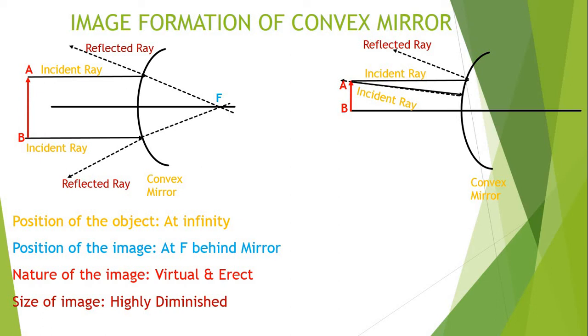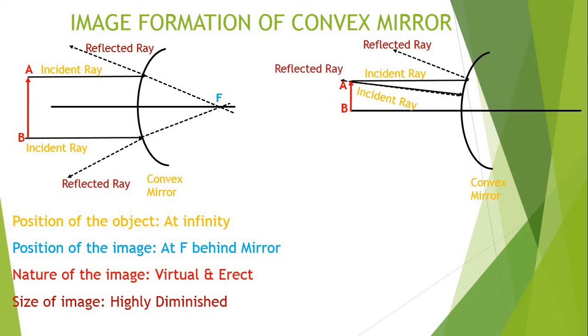No angle is formed here because its direction is very important. The incident ray was exactly in the direction towards the center of curvature, and that is why the reflected ray follows the same path from where the incident ray was coming.